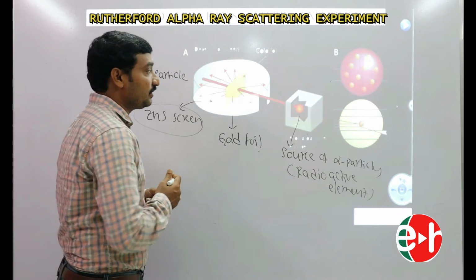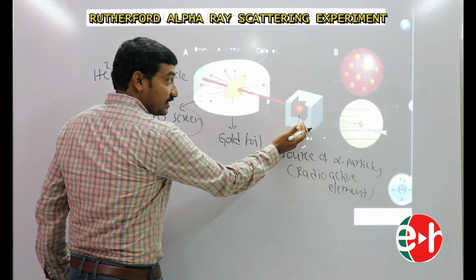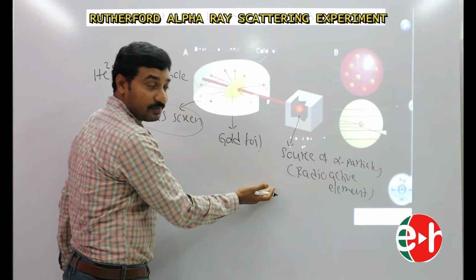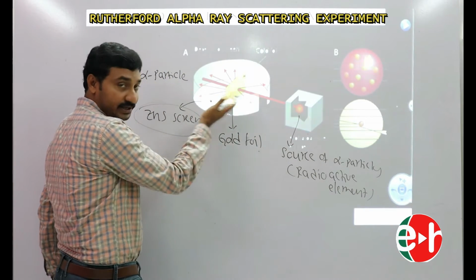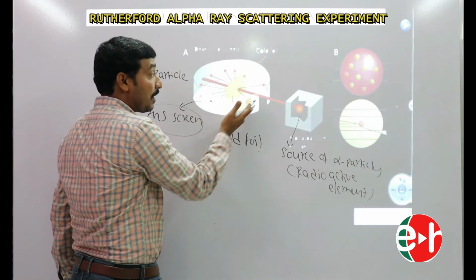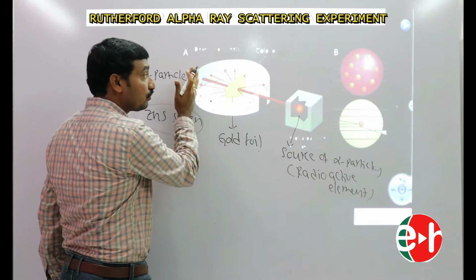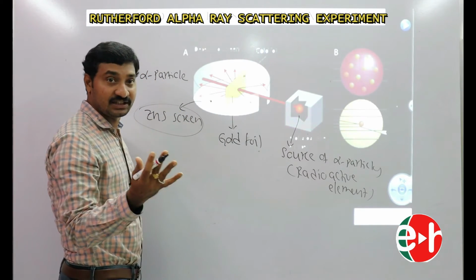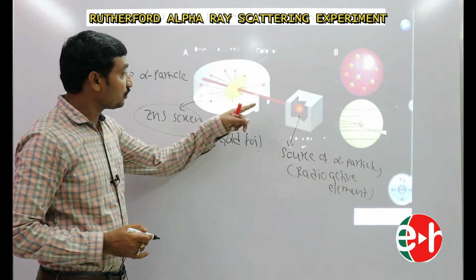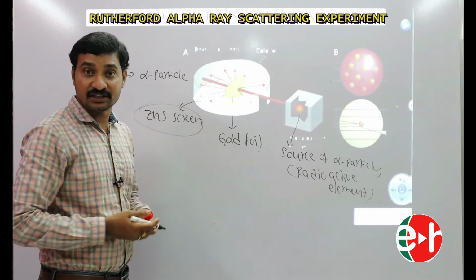Now coming to the experiment, alpha rays coming from the source of alpha particles, that is the radioactive element, passed through the gold foil. 99% of alpha particles passed through the gold foil without any deflection.